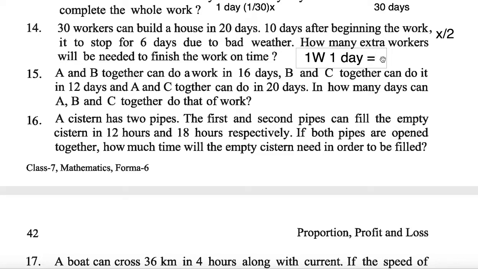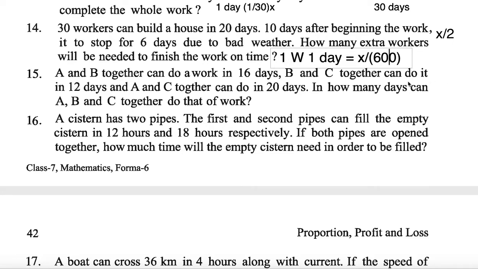One worker, if x is the total amount of work that has been done in 20 days, one worker can do x by 30 in 20 days. But it is not just 20 days, here it is one day. So you can complete x by 600.